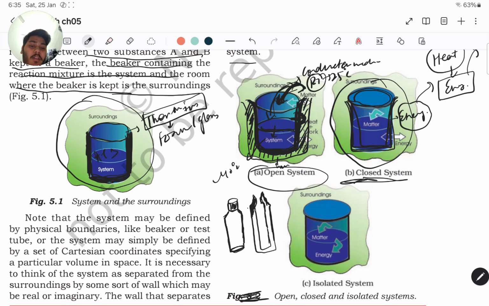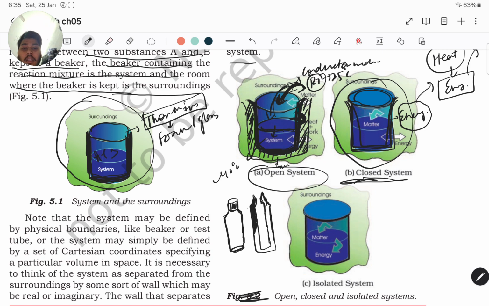The twist is that there is no medium. What is the medium of transfer of heat between the system and surrounding? There are some particles, particles of anything, air and some surrounding. For example, there is some moisture particle, some gas particle.